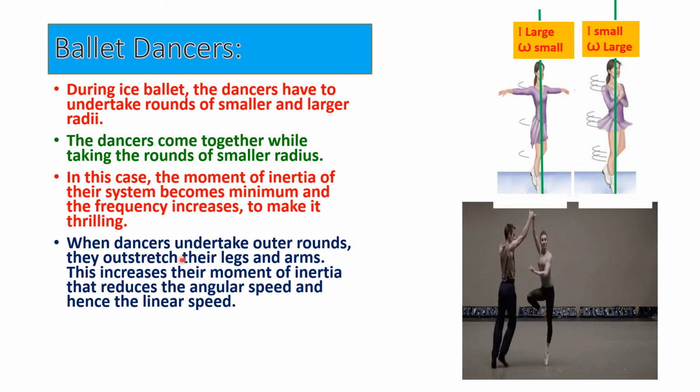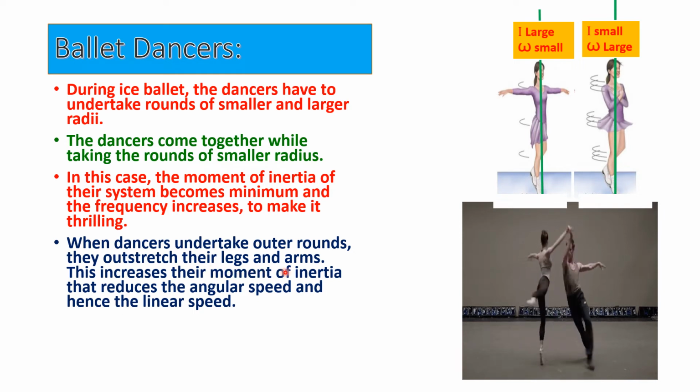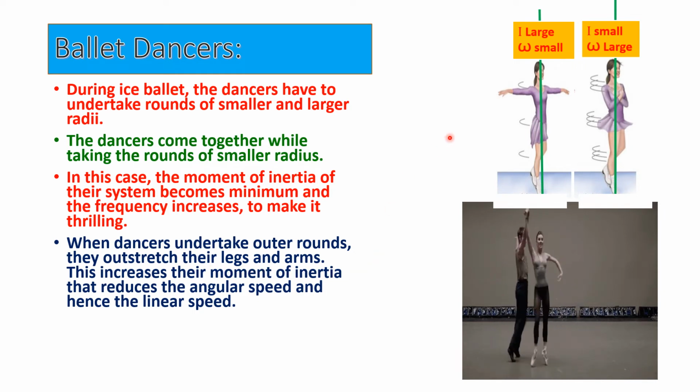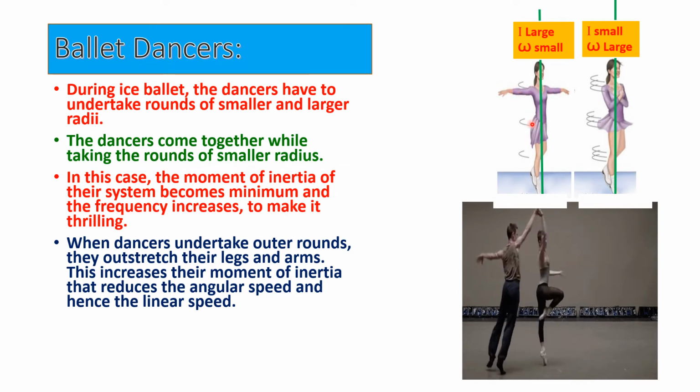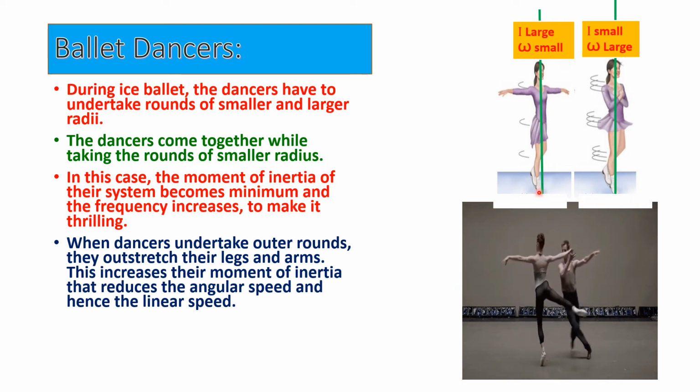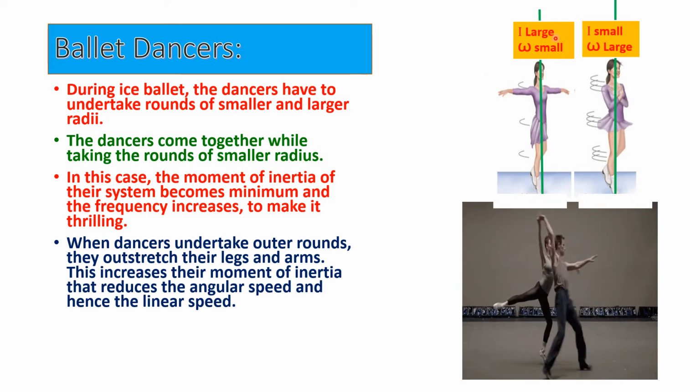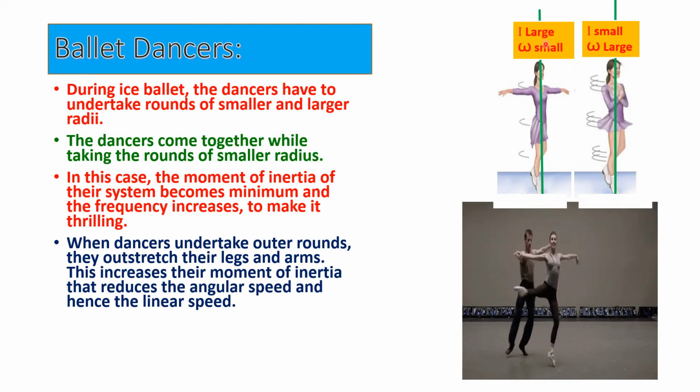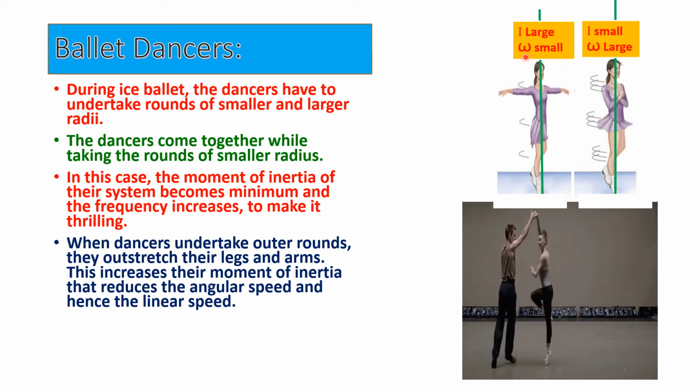Whereas, when the dancers undertake outer rounds, they outstretch their legs or arms so that the distribution of mass about the axis of rotation increases. This increases the moment of inertia of the system. Hence, the angular speed as well as the linear speed of the dancer decreases.